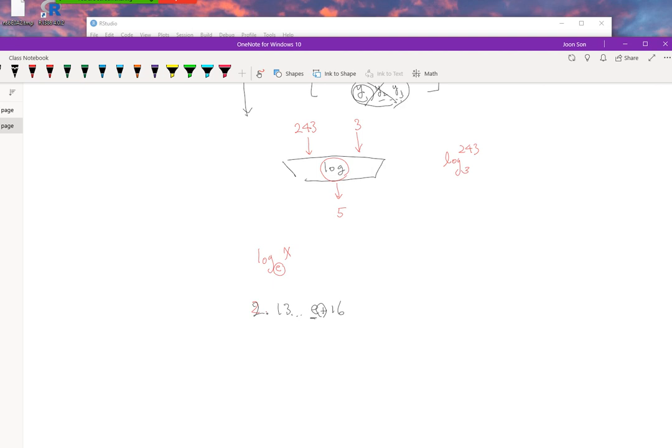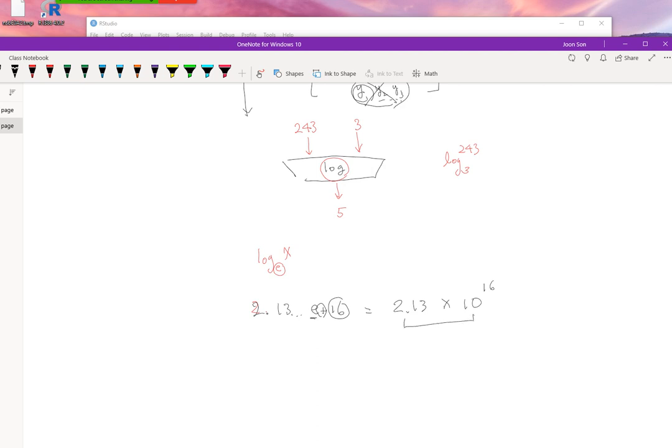That means basically 2.13 multiplied by 10 to the power of 16. So the equivalent notation for R is 2.13e+16. Okay? So that's the notation they use.